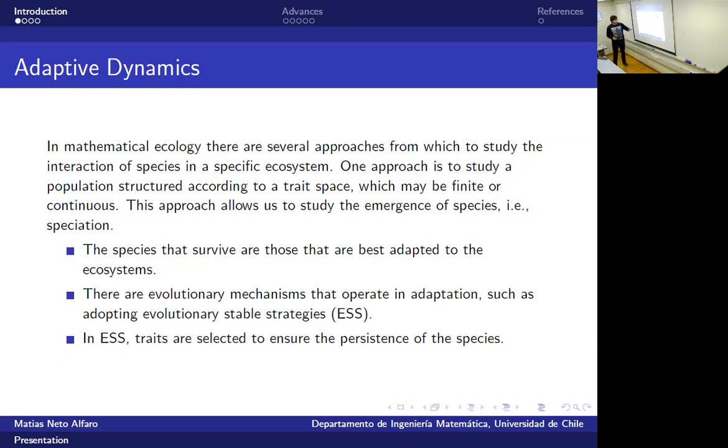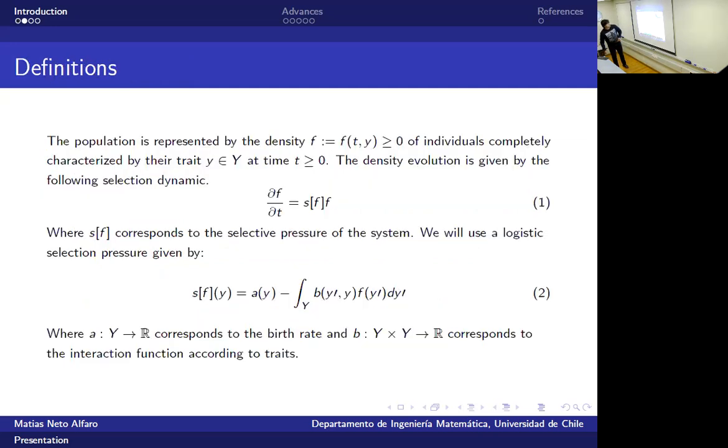We'll see some examples of this process a bit later, but first some definitions. The population is represented by the density f of individuals characterized by the trait y at time t. The density evolution is given by the following selection dynamics, where F is the selective pressure of the system, and we will use a logistic selection pressure given by this expression, where a corresponds to the birth rate and b corresponds to the interaction function according to traits.